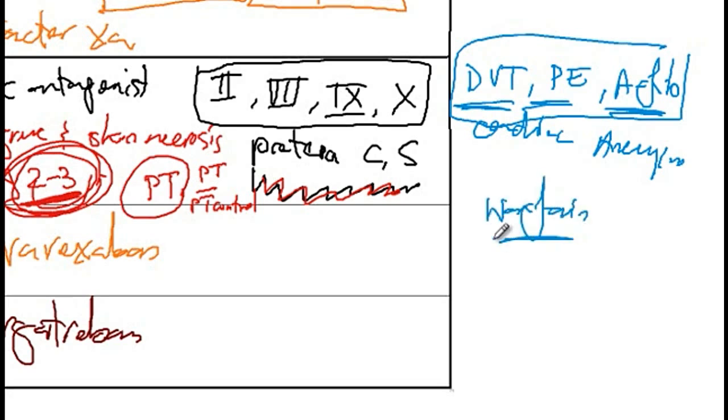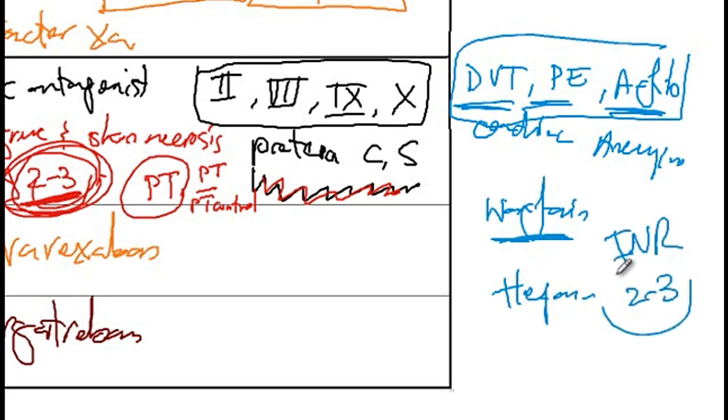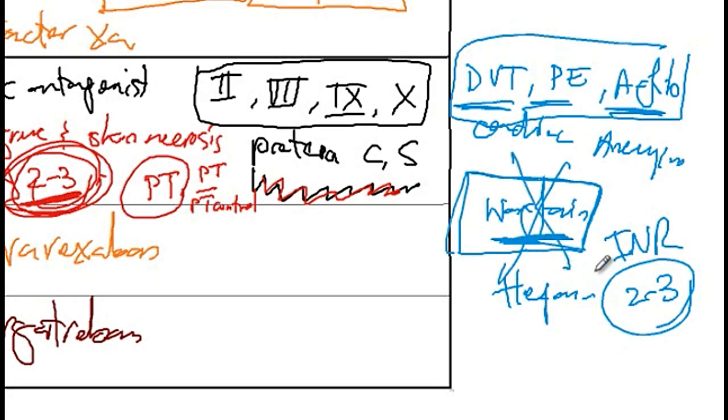But first you will have to make sure that you bridge it with heparin until INR reaches a level of 2 to 3, and by then, when you know that there is no risk of hypercoagulation, you can stop the heparin. Now you should also know that warfarin is a teratogen, and thus you cannot supply it in patients that are pregnant. So heparin can be used for anticoagulation in pregnant patients, but not warfarin, because it's a teratogen.